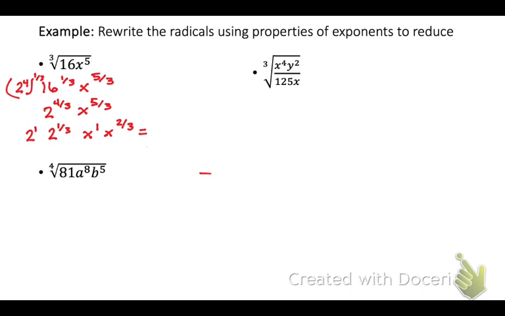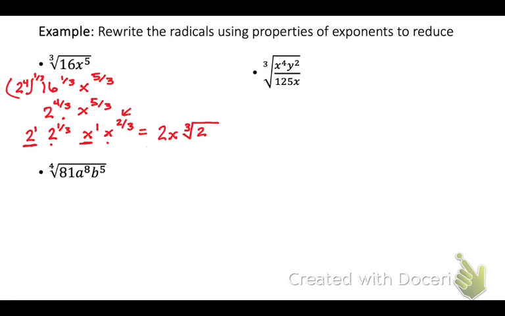Okay, so now we need to put these back into a radical. So the things that come out are the whole numbers. Yes? I should say whole exponents. Do they have a whole number exponent? Yes. So I have 2x. Now what has to go back into the cube root? 2 to the 1st, so 2, and x to the 2nd.